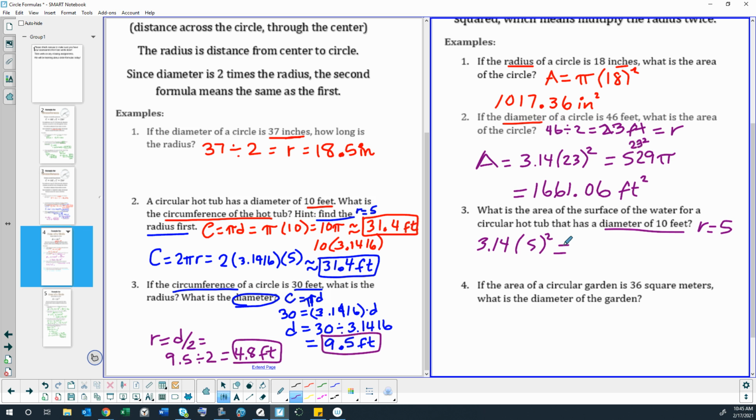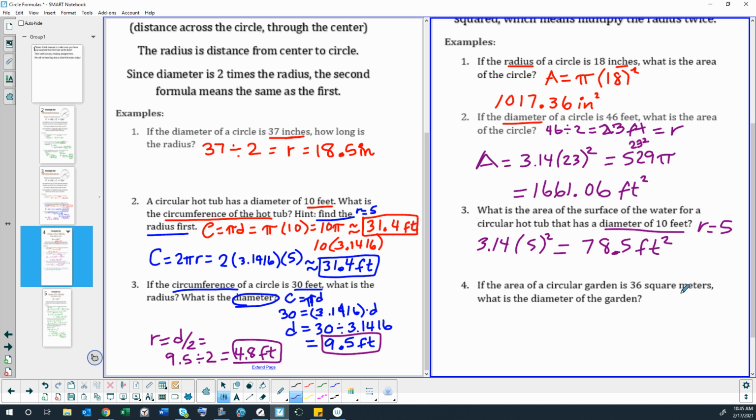And we get 25 times 3.14, so 78.5. That will be in square feet. If we wanted to find the volume of water, we can then multiply that by the depth of the water, and that will be something we will learn next time.